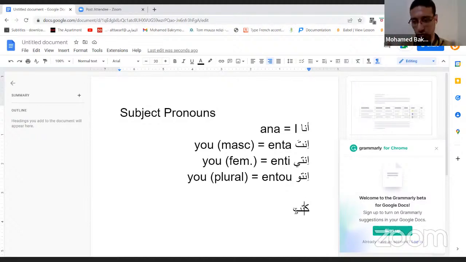But you can guess the pronunciation from the meaning, from the context. So here it's katab, it's this small inclined line above the letter. It tells me that I have to pronounce it a.